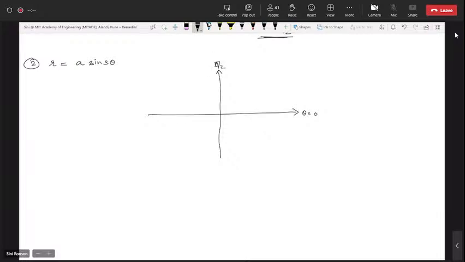N equal parts. What is n here? 3. Yes, so I'll be dividing each quadrant into three equal parts here.